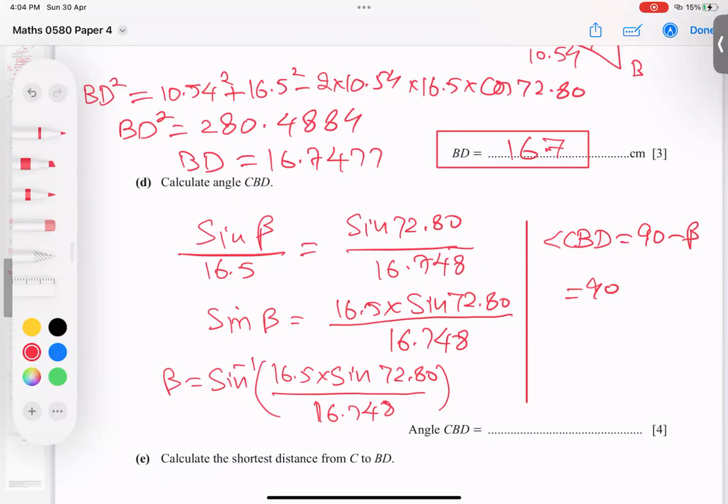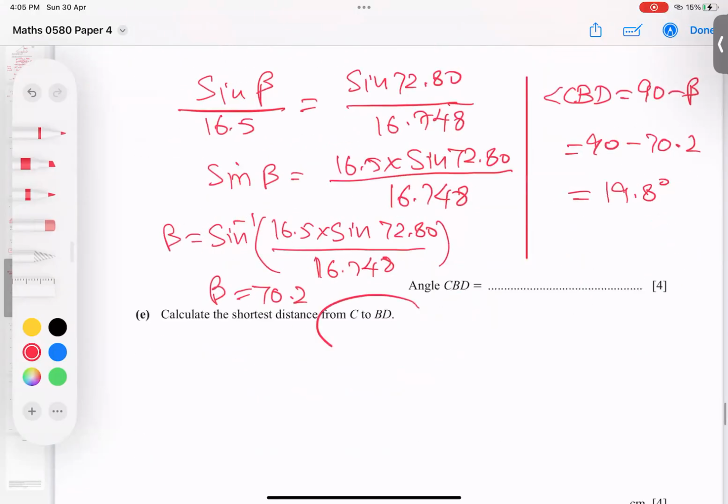And I'm getting beta here as 70.2. And 70.2 I subtract from 90, and I got 19.8 degrees. So Alhamdulillah Rabbil Alameen, this is clear.